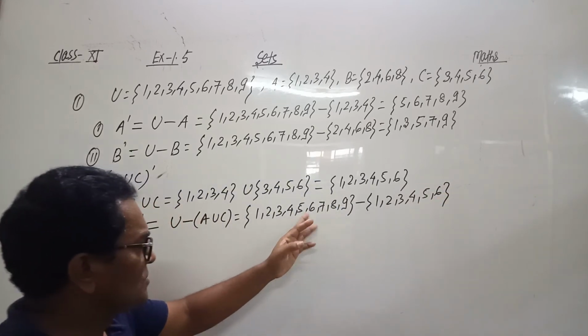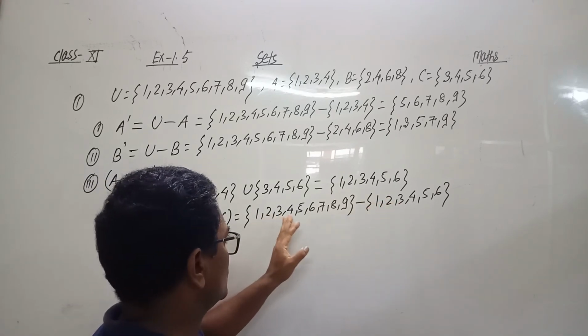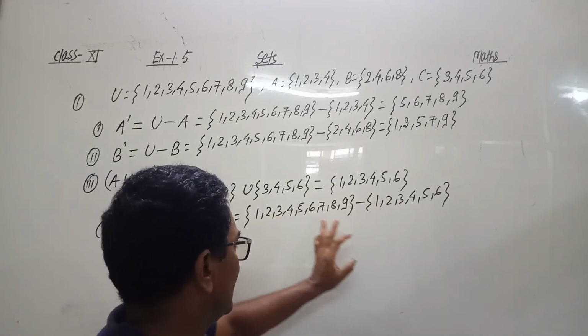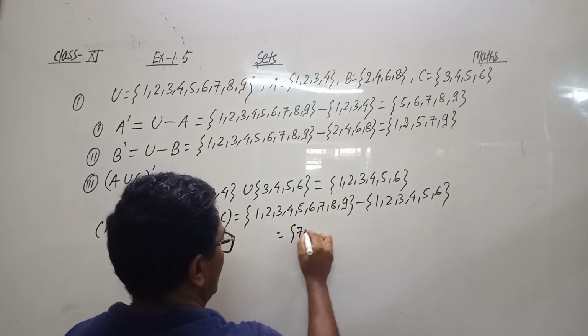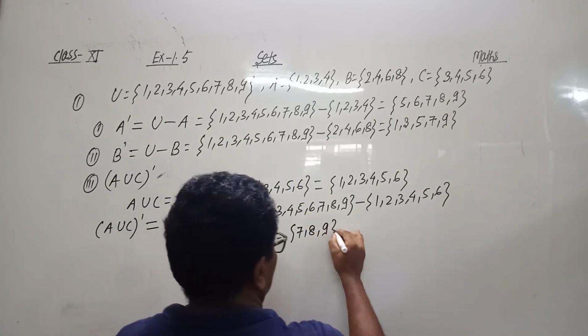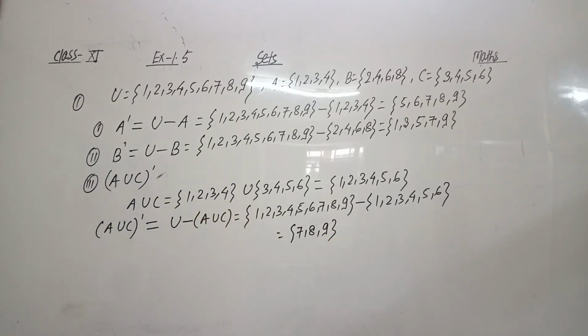So those elements of U which are not in this set. So 1, 2, 3, 4, 5, 6 is available. So the answer is 7, 8, 9. So the correct answer is 7, 8, 9.